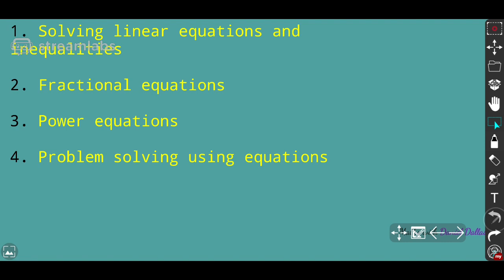We also consider power equations. And we touch, maybe barely, or at least we consider several problems designed to clarify your knowledge about how to use equations.